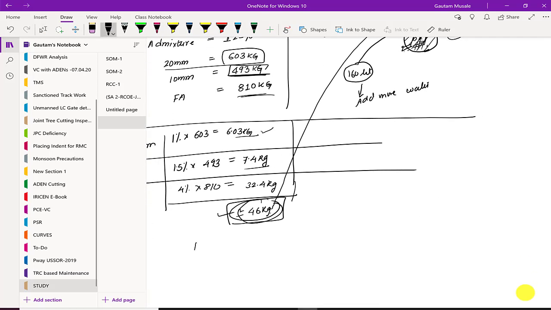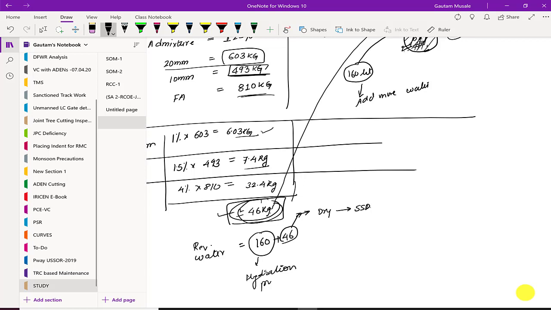So what is the revised water content? Revised water which I need to add is 160 liters plus this 46 liters, out of which this 46 will be for a change of state from a dry condition to an SSD condition, because they will be absorbed by these aggregates, and the balance 160 liters would be for my hydration process.